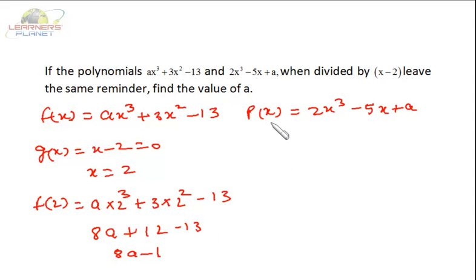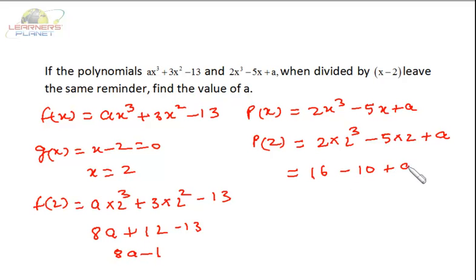Okay, now similarly, if p(x) is divided by g(x), we have to find out the remainder. So let's calculate p(2). It's 2 into 2 cube minus 5 into 2 plus a. So it's 8 2s are 16 minus 10 plus a.